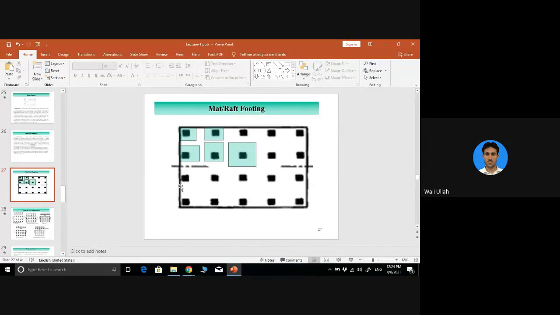But if you provide a single mat foundation below all columns, and there are some weak zones in the soil, they would be bridged over. The raft foundation is rigid, so it can tolerate that differential settlement through its own beam action.